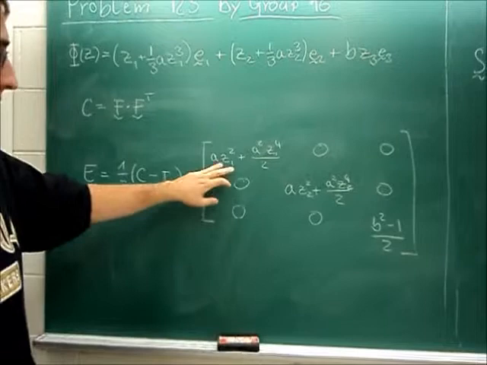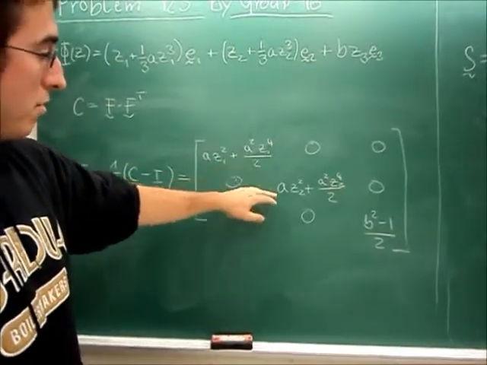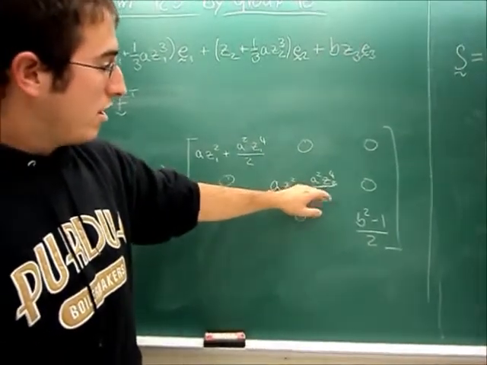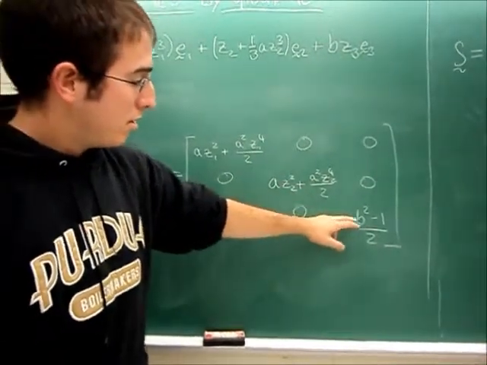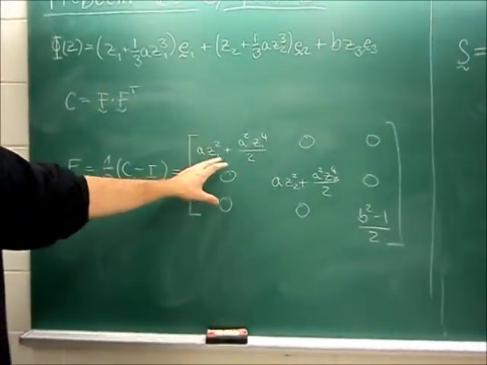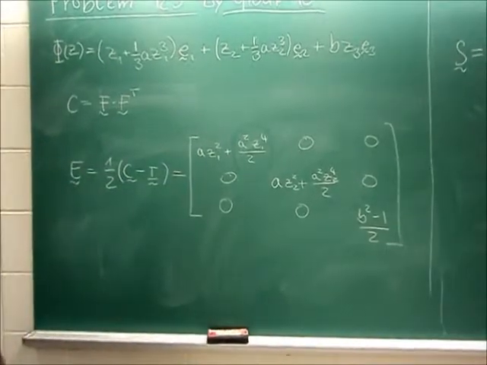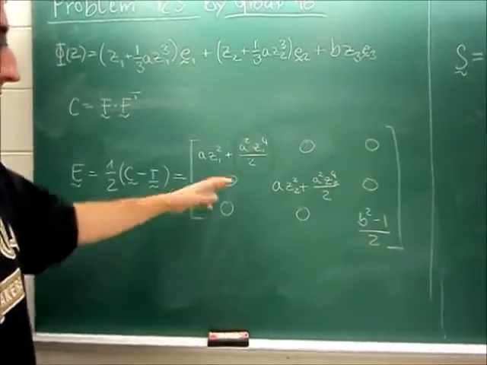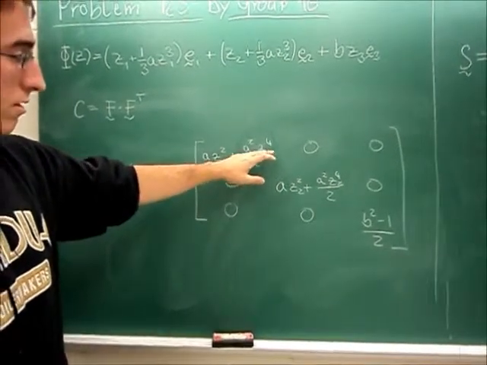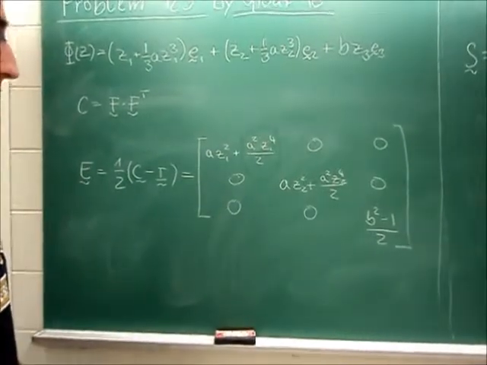So that would give us A Z1 squared plus A squared Z1 to the 4th over 2, and then A Z2 squared plus A squared Z2 to the 4th over 2, and then B squared minus 1 over 2. So you can see that our strain tensor has a whole bunch of extra terms here that really complicate the problem. In most small deformation cases, these will be very small, and so when it's to the power of 4, it becomes negligible.